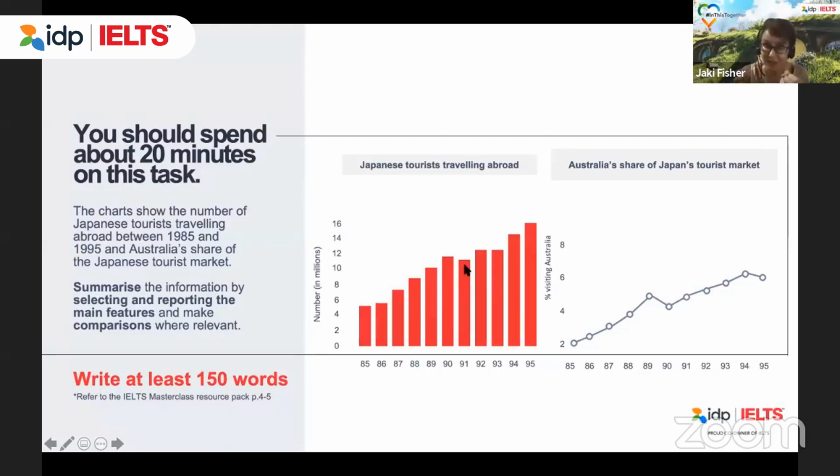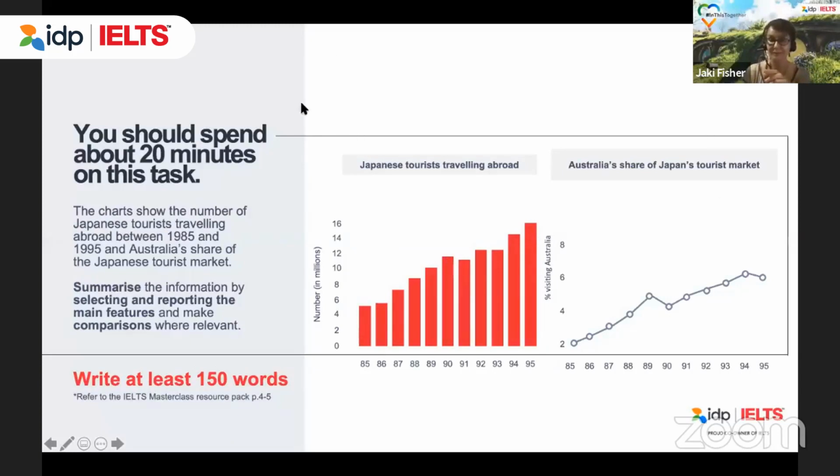So wherever it changes, we're going to report that. So we're going to want to report what happened here. Yeah, it decreased slightly. And then it went up again. Yep, so there you always need to pick out the important changes. You do not need to report each year. Where it's the same trend, you just report the start and the end, and then the change.